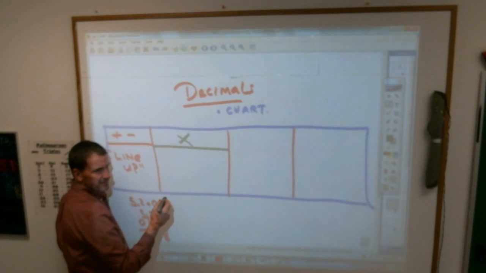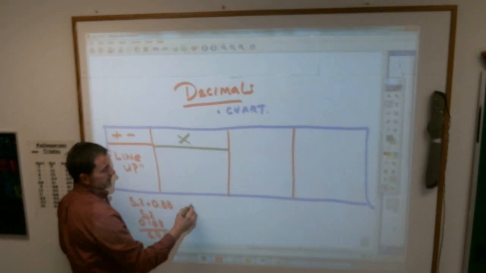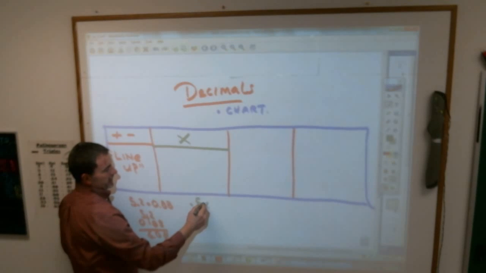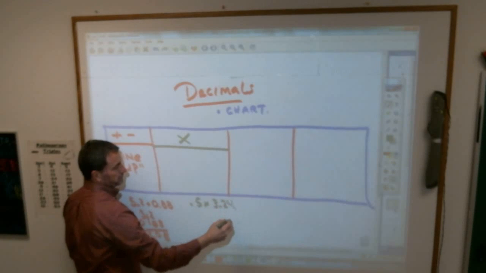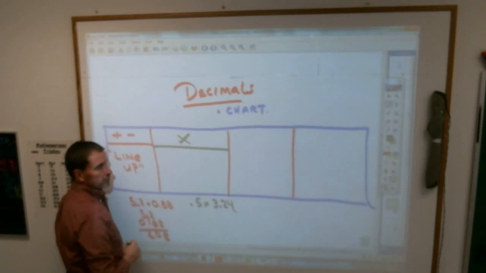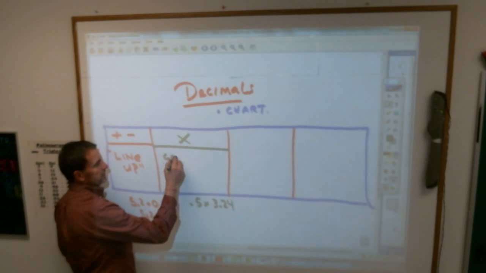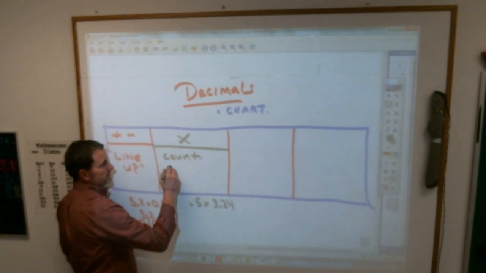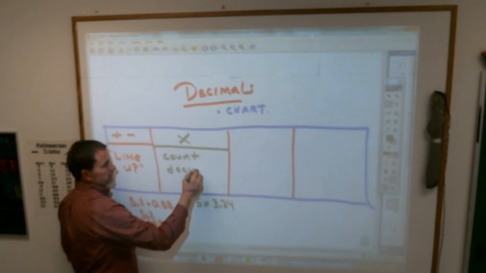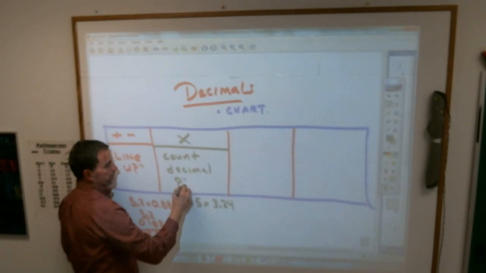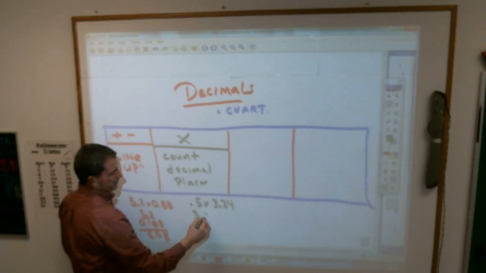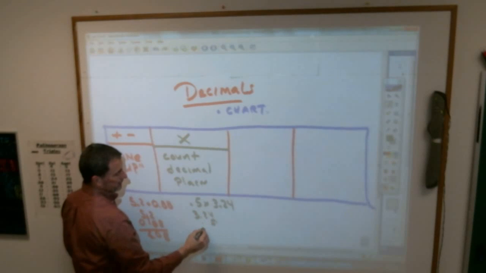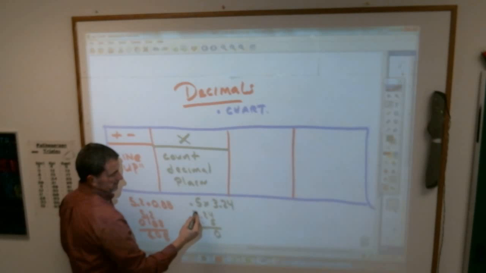When you multiply decimals, let's say you're multiplying 0.5 times 3.24. The rule with multiplication is to count decimal places. Multiply like usual, 3.24 times 0.5, and you get 1620.